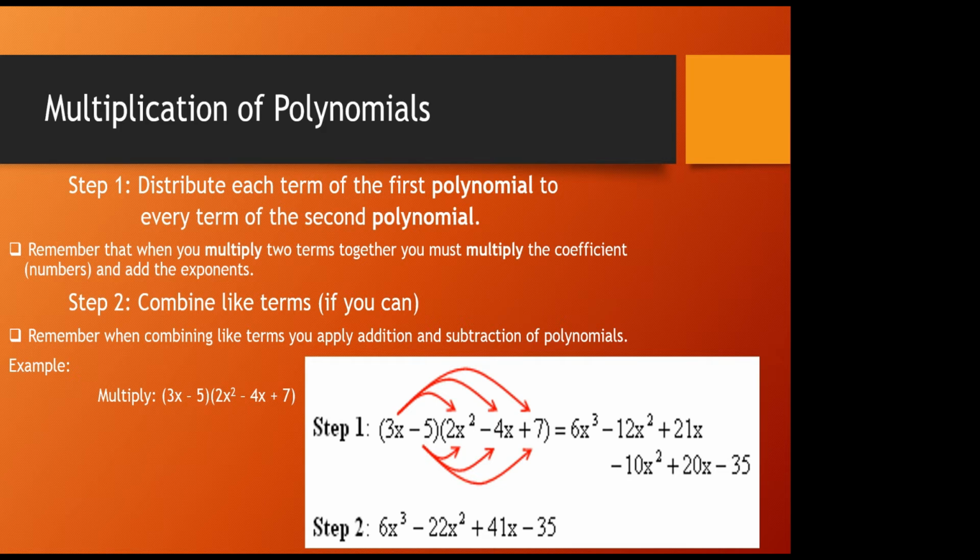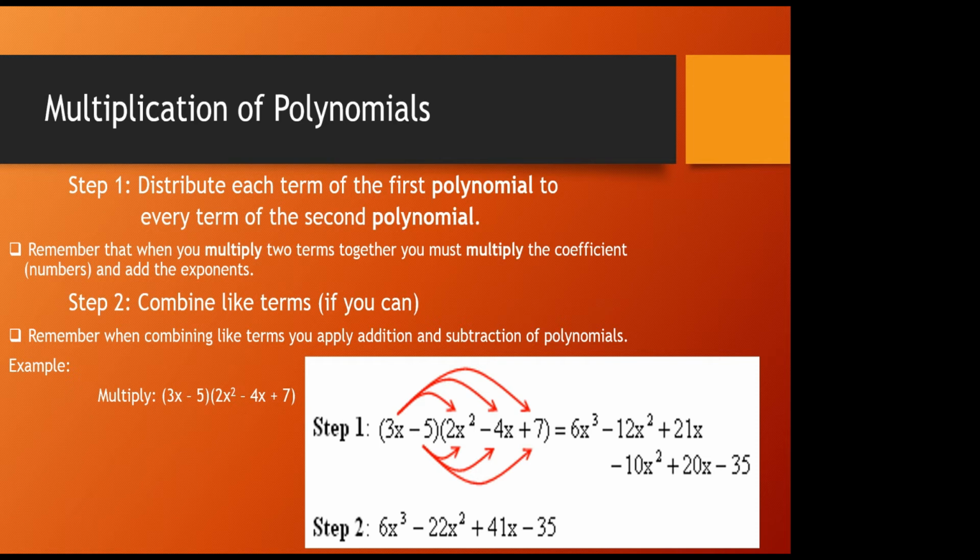And then 3x multiplied with negative 4x will give us negative 12, because 3 times negative 4 is negative 12. X times x is x squared, so we have negative 12x squared. After that, we have 3x multiplied with 7. 3 times 7 is 21 times x, so 21x.